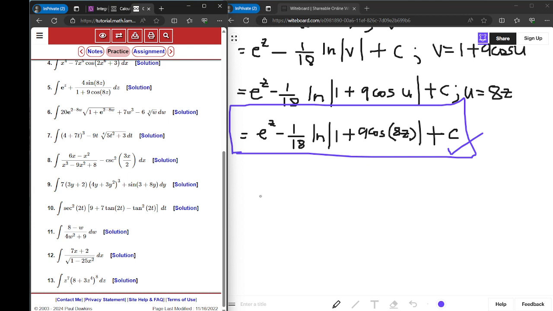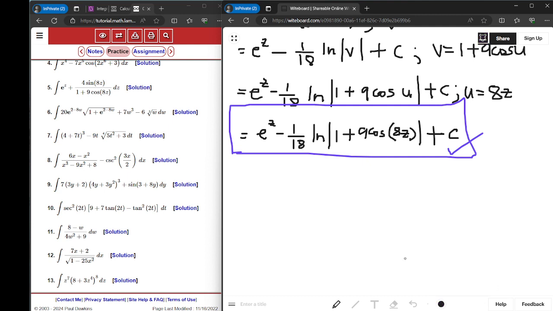Okay, so 10 is somewhat complicated in its form, but let's check if we can answer number 10. So that is the integral of secant.